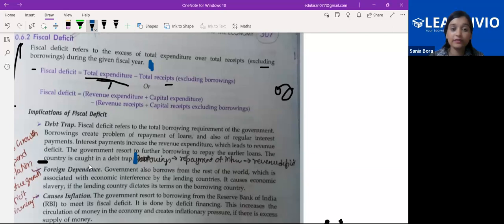See, first you will write the definition, till here. Okay, the debt trap only. Then I will explain the rest. Okay, wait, don't write this first one, till here. Right, start writing from here. Borrowing creates problem.